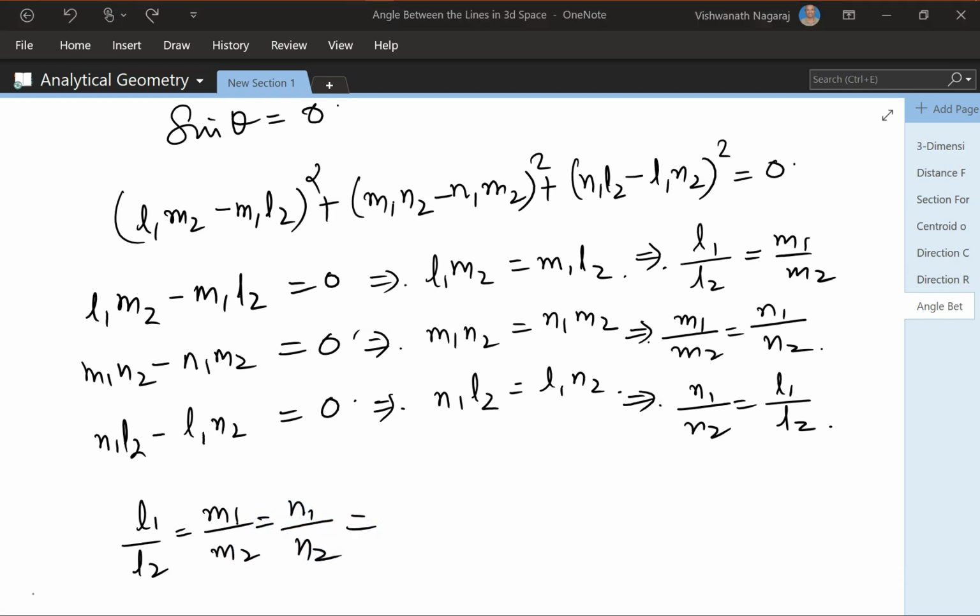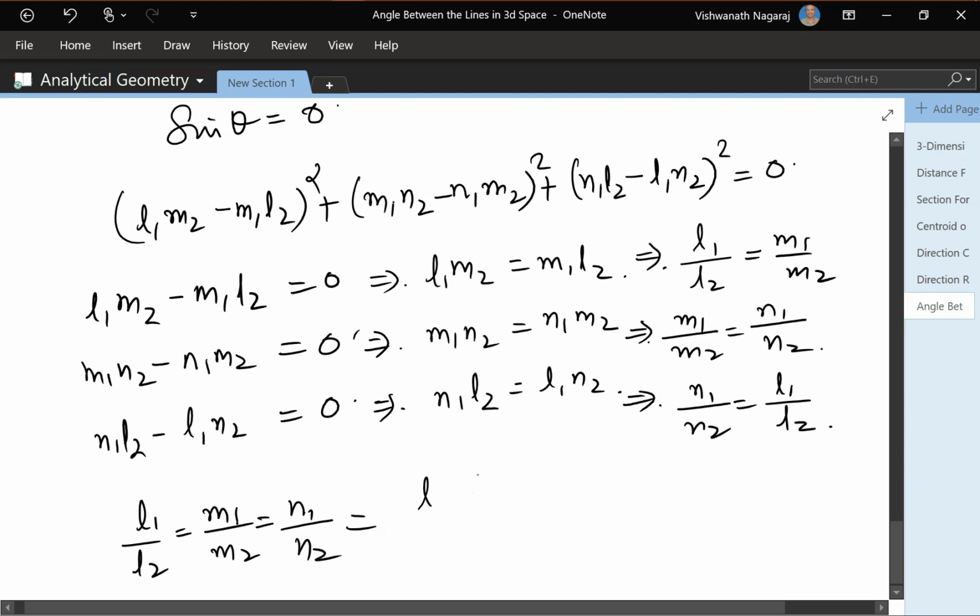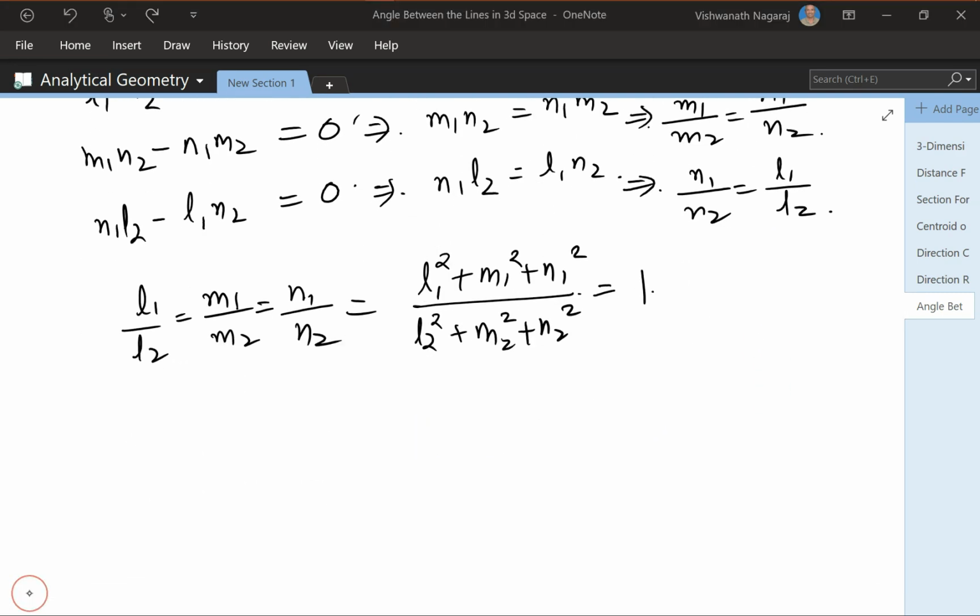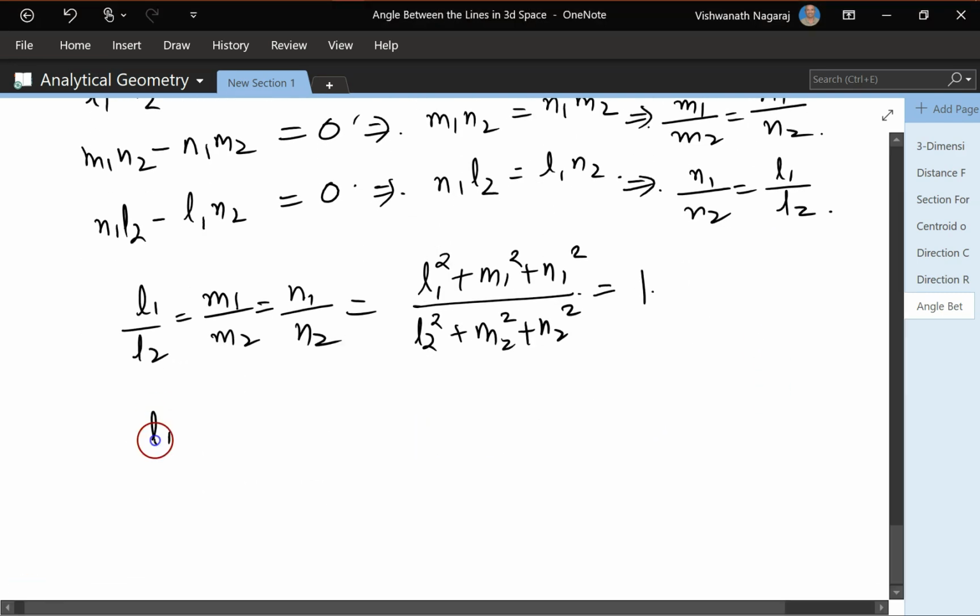Now we also know L square plus M square plus N square is equal to 1. So if we square individually each one of them and add them up, then we would end up with 1. So let's do that. This would be 1 by 1 equal to 1. Which means L1 by L2 equal to 1, M1 by M2 equal to 1, N1 by N2 equal to 1.